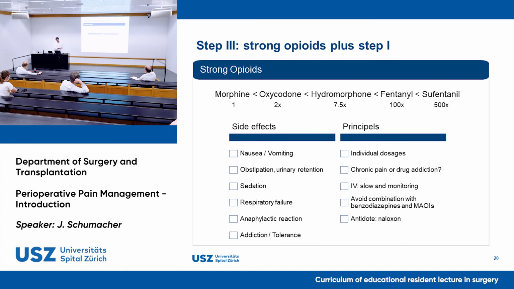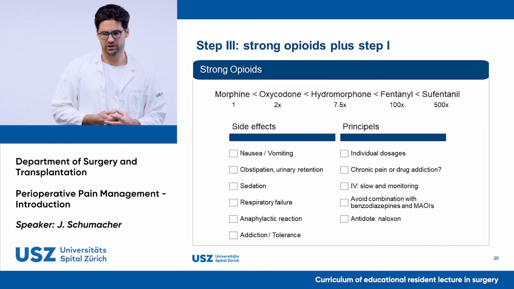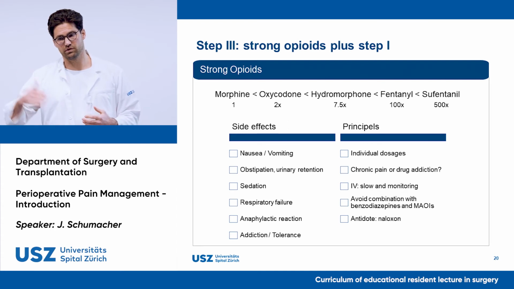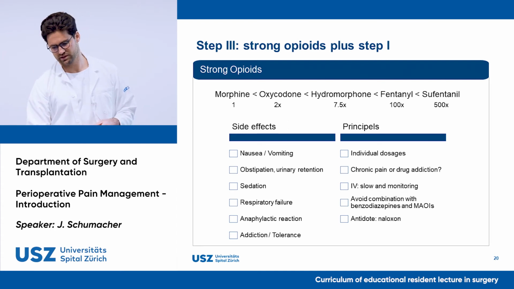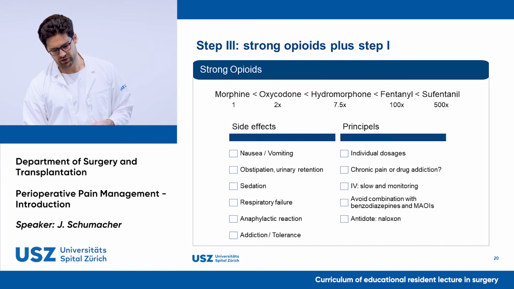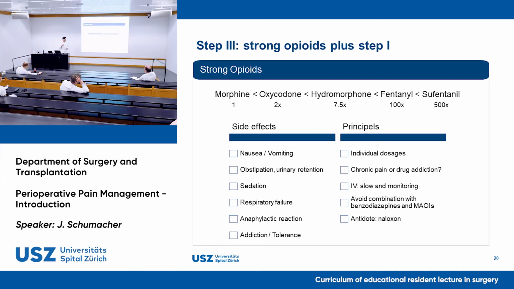And when we give these strong opioids, we have to consider some things. The dosages are individual. For example, chronic pain patients have a higher need of these drugs, but when we administer them intravenously, it should be slow and, in the best case, with hemodynamic monitoring.